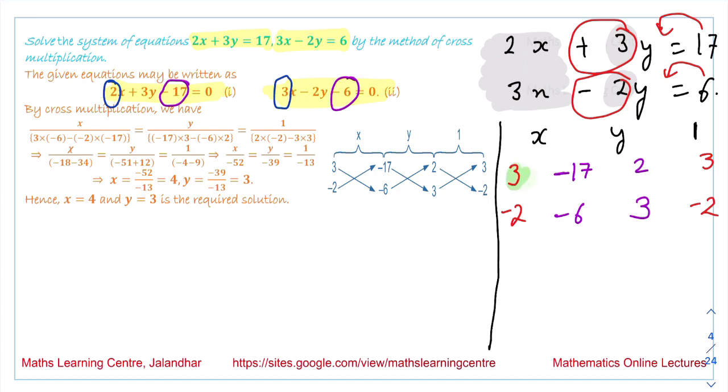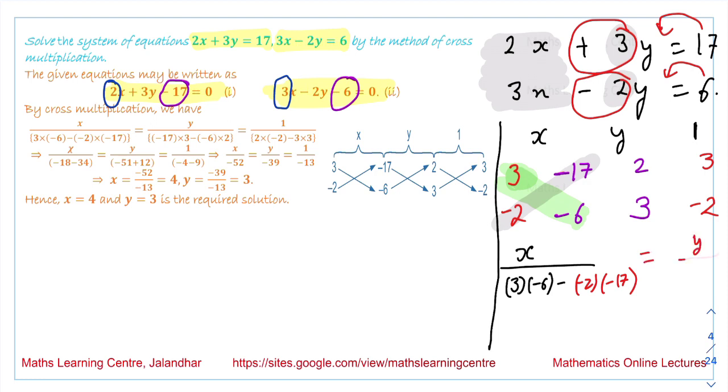Below x we write the product of these two terms, that is 3 into minus 6, minus the product of these two terms, minus 2 into minus 17.